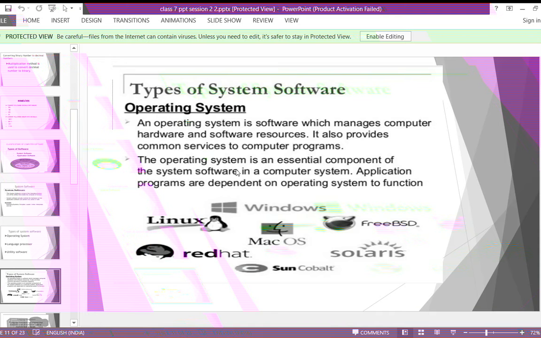It is the interface between you and the computer. In between the user and the computer, the interface is nothing but the operating system. You're just working on the computer and the computer is doing that work, but whatever is going on in between will be seen by the operating system.